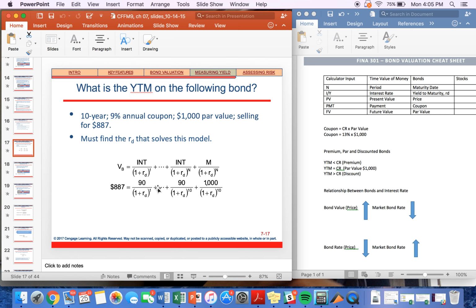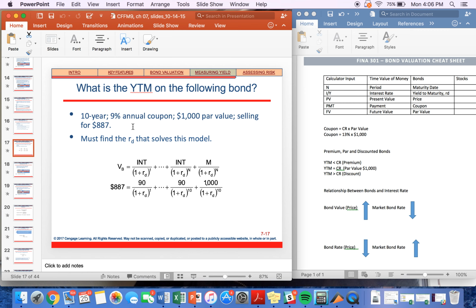So before you even solve for this question, we can go back and use our premium, par, and discounted bond rule to fact check ourselves here. So let's take a look at our annual coupon rate and our selling price, because that's all we have here, right? So the coupon rate is 9%.